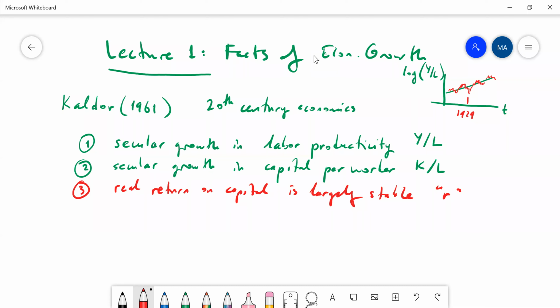Now another stability result is concerned with capital output per worker. Sorry, capital to output ratio. Capital output ratio is also largely stable.